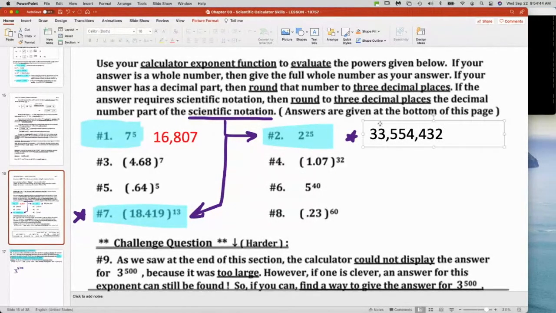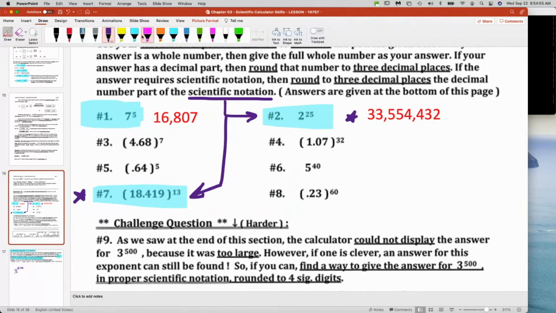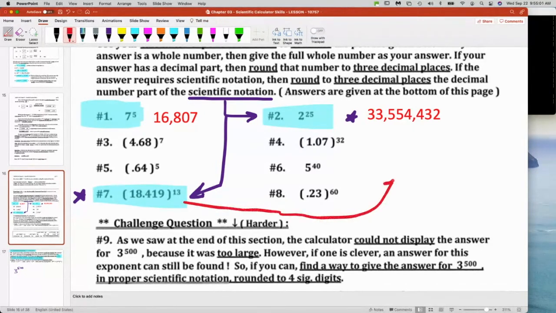Okay, so that one's done. Like, you don't have to do anything there. But what about this last one here? What about 7? Look at 7. 7 is messed up. Okay. So I'm going to make a note here.